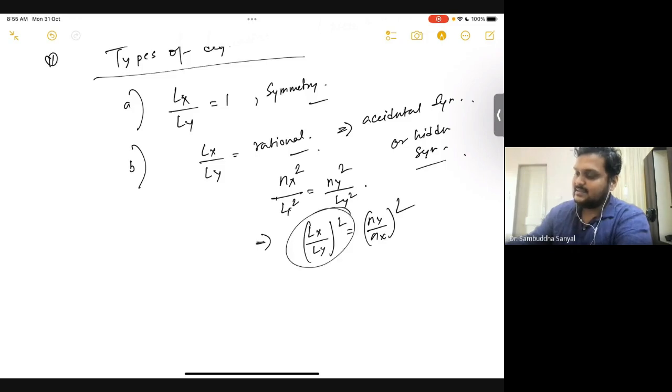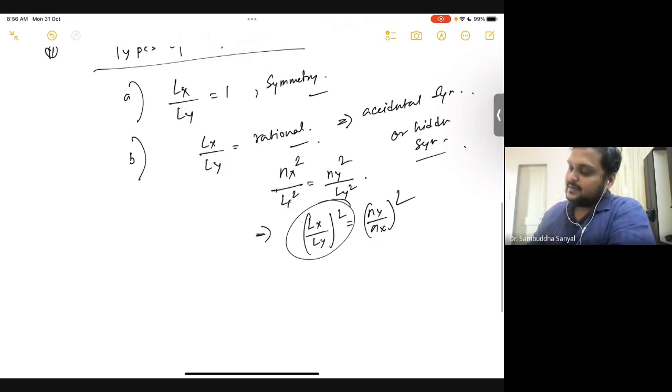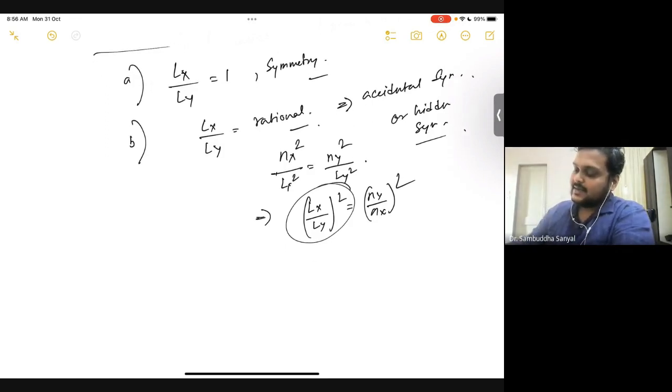So if this is given to you, you have to choose ny by nx, and they are not going to be any symmetric partners. So when you choose them, you will find them to be a symmetric partner. It is equivalent to flipping, but these are a more restricted choice. There are much fewer such choices.